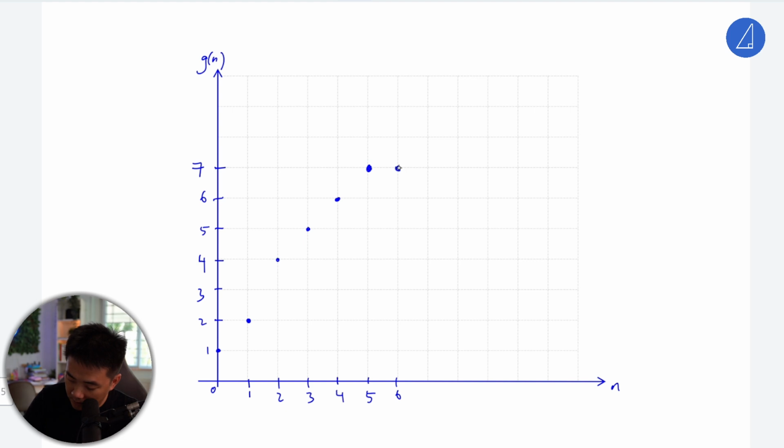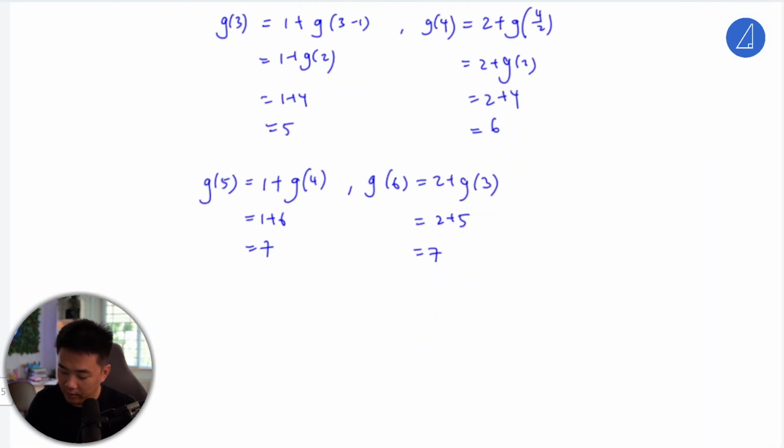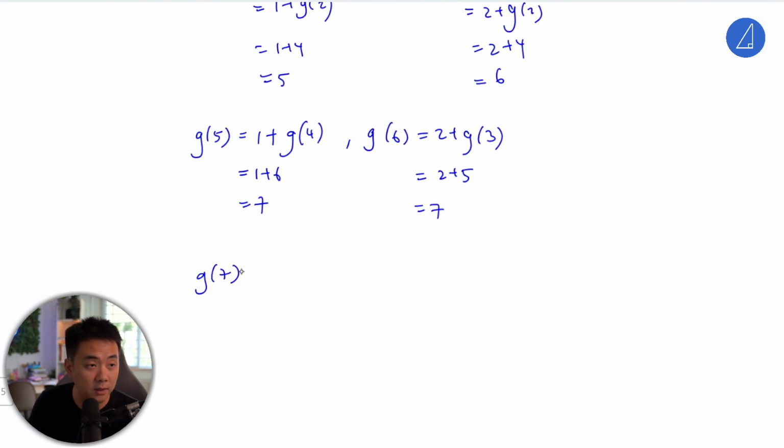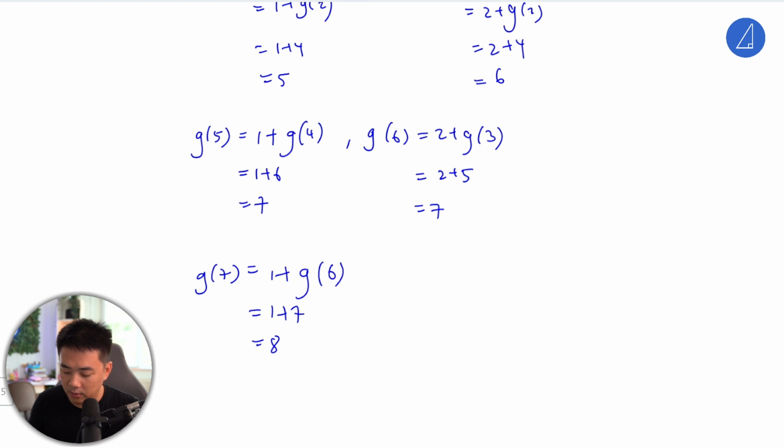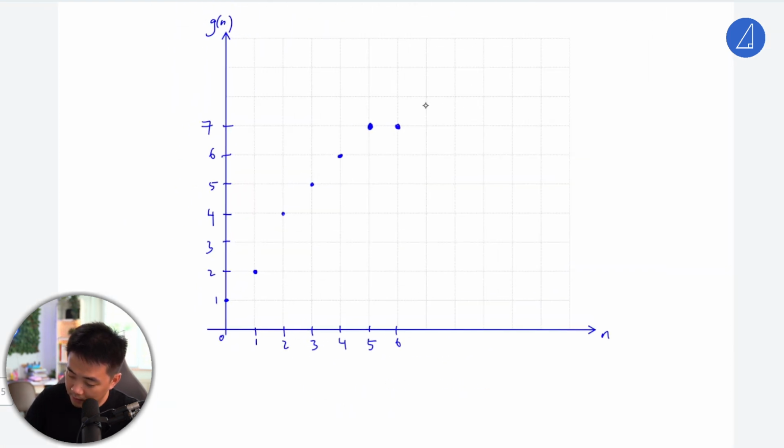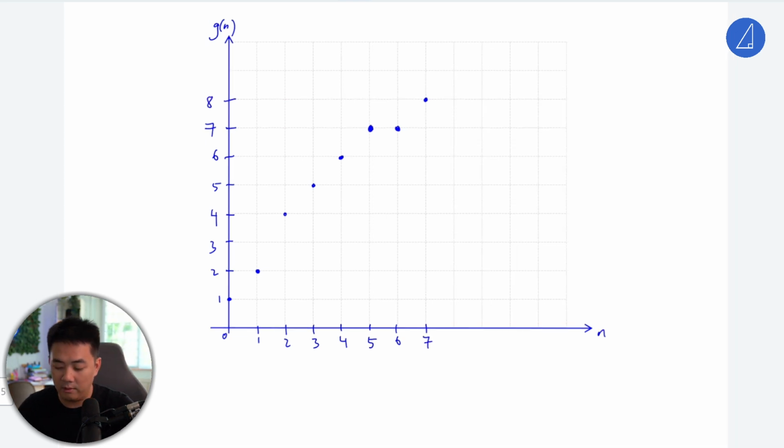Then of course we need g7. g7 is odd, so it's 1 plus g(7 minus 1), which is 1 plus g6, which is 8. So this one will be 8 here.